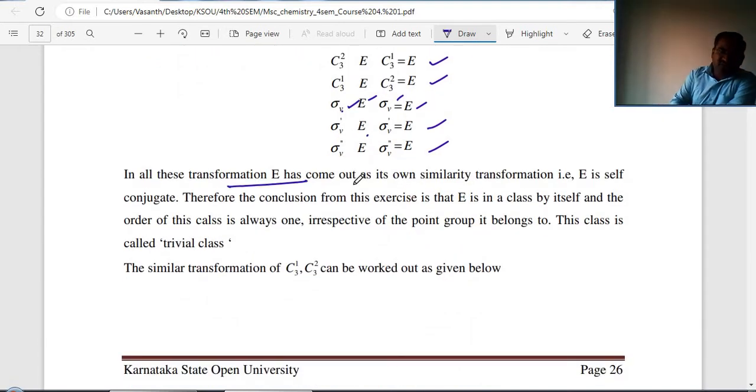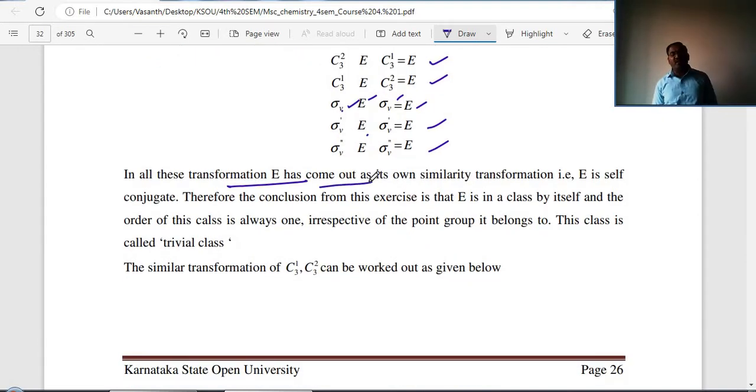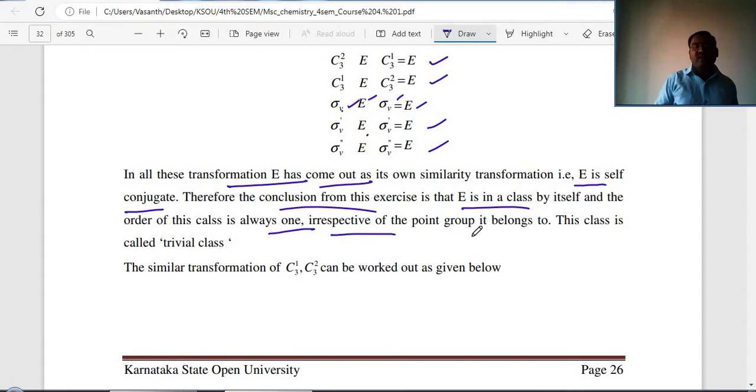In all these transformations, E comes out as its own similarity transformation. That is, E is self-conjugate. Therefore, the conclusion from this exercise is that E is a class by itself, and the order of this class is always 1, irrespective of the point group it belongs to. This class is called a trivial class.